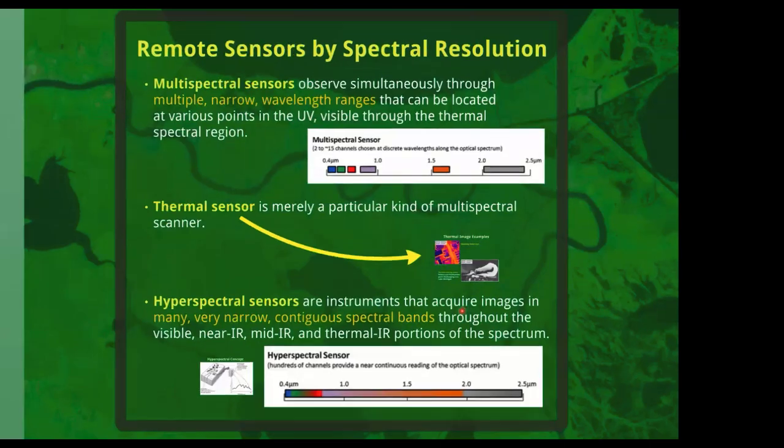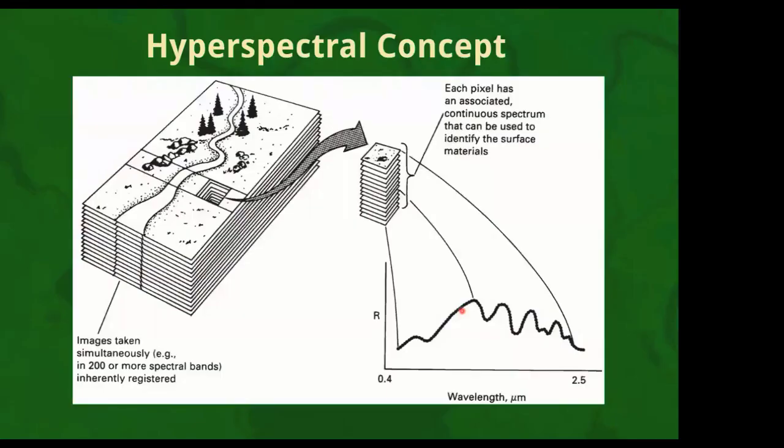So let me just show you a visualization of the hyperspectral concept. If you could recognize what we're looking at, the one I'm circling here is an example of the spectral signature from a hyperspectral sensor. It looks really smooth because we have many nearly continuous bands.